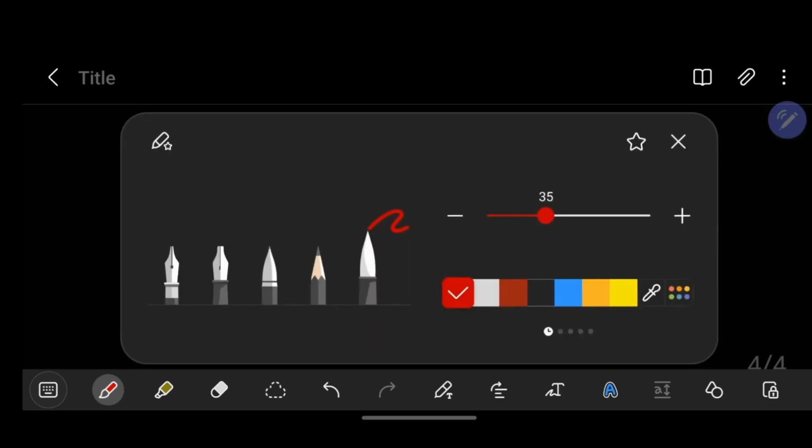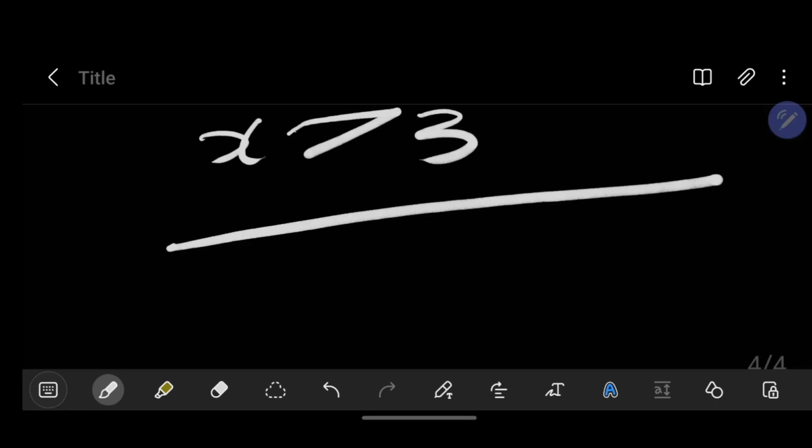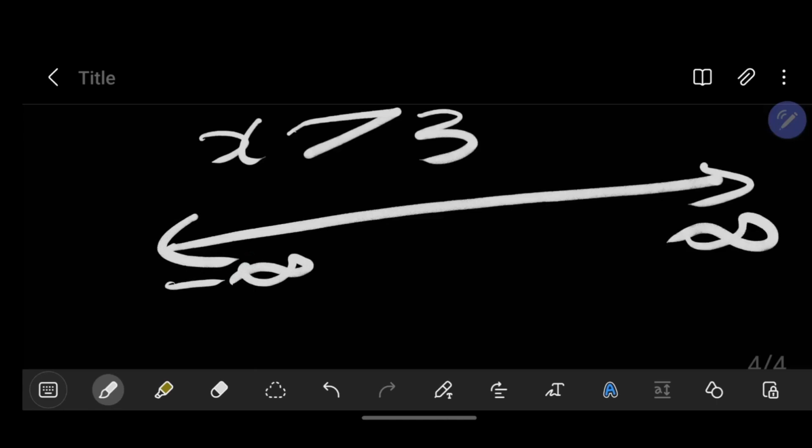Let's start with a simple example of inequalities. So let's look at x that is greater than 3. If we were to show this on the number line, we would show this as negative infinity going up to positive infinity. We're going to show 0 here, and we're going to show 3.